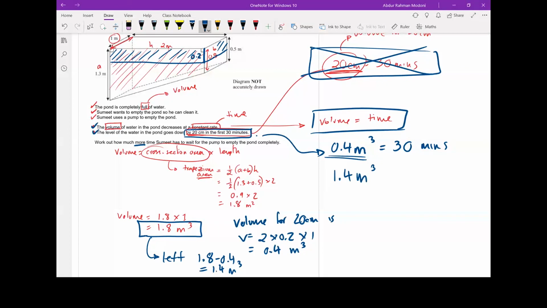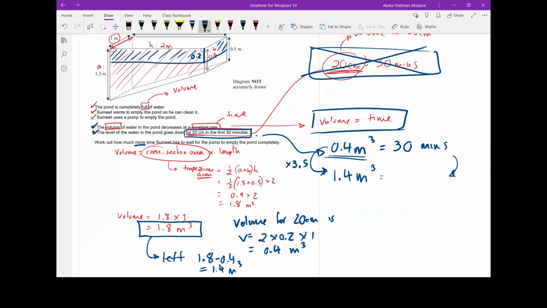So I'm going to then figure out, how do I go from 0.4 to 1.4? Okay, so I need to figure that out. So 0.4 to 1.4 is times by 3.5, and you can figure that out using your calculator. Or 0.4, if you go up, it goes to 1.2, and then there's another half lot of that. So I need to do the same on that side, times that by 3.5 also.